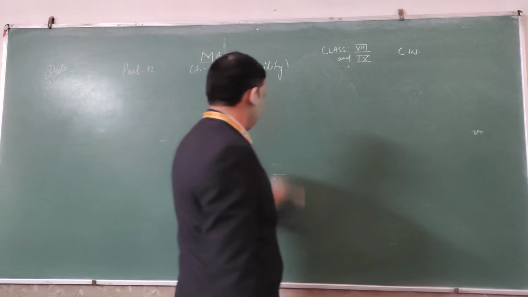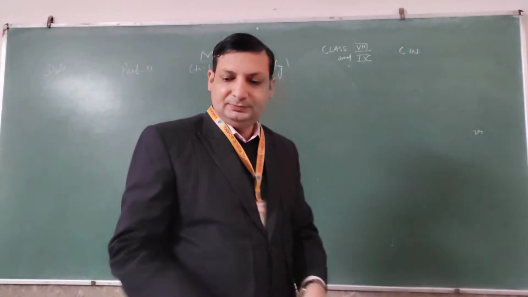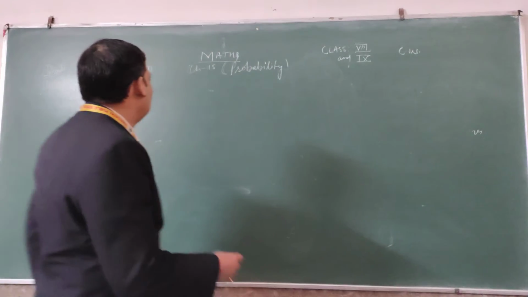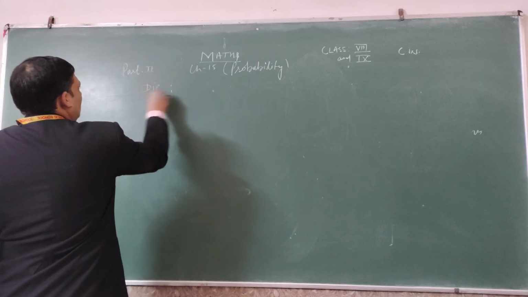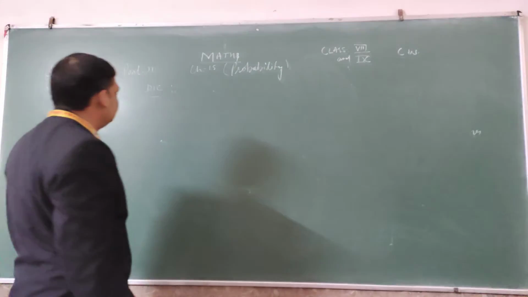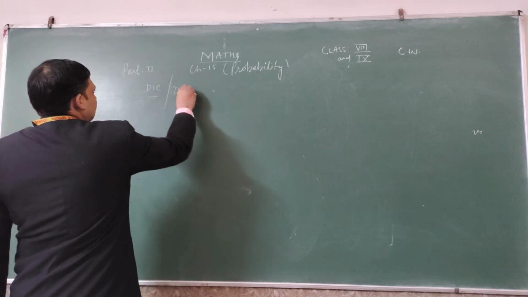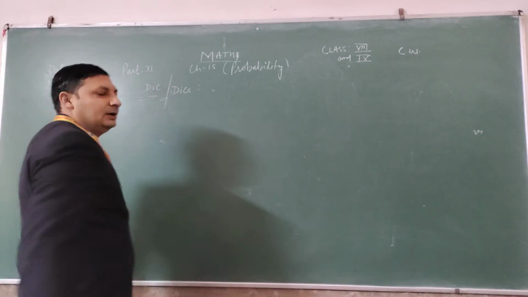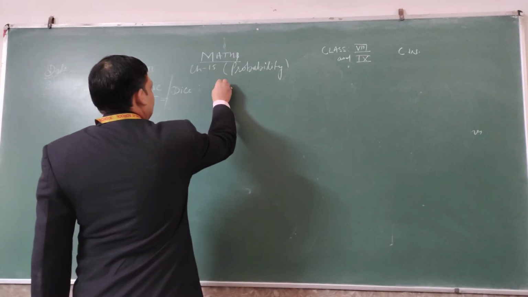See here. Now we will discuss the dice. Dice is also called die. So when we talk about die or dice, it consists of 6 faces.